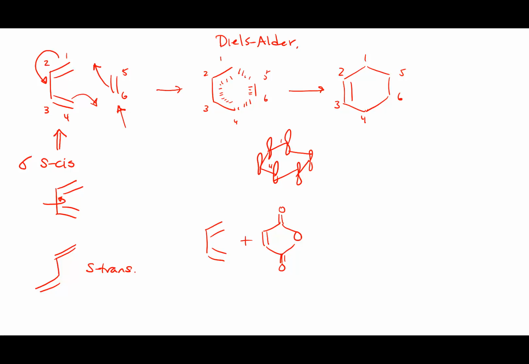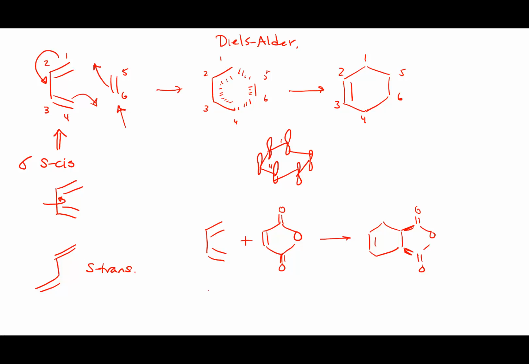Now, the maleic anhydride is locked into a cis conformation, which means that the product that we're forming is going to have the two groups cis in the 6-membered ring.